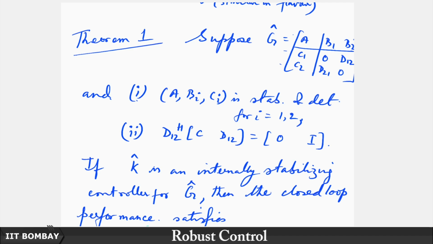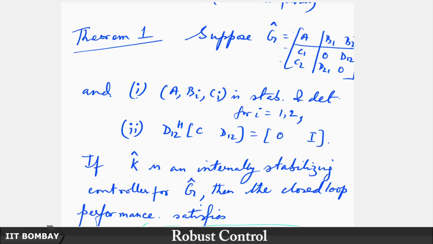All that we are asking is that A, B_i, C_i, where i could be 1 or 2, are both stabilizable and detectable. And then you have this condition on the D matrix, that is, D12 Hermitian multiplying C and D12 gives you 0 and identity, which basically says that D12 Hermitian D12 is identity, and the columns of D12 are orthogonal to those of C, right. That is what this says.